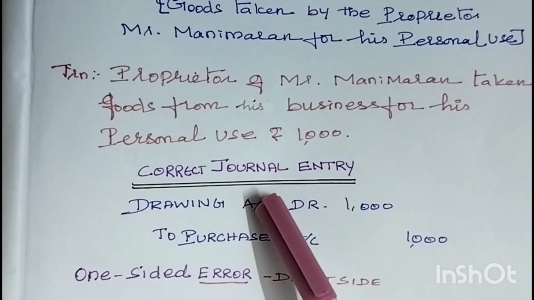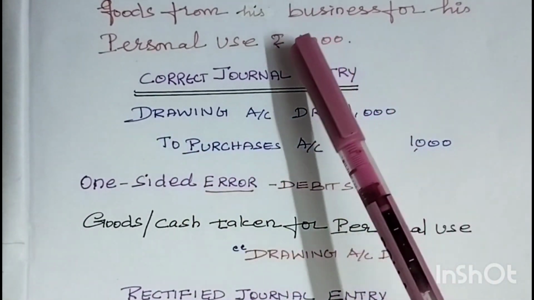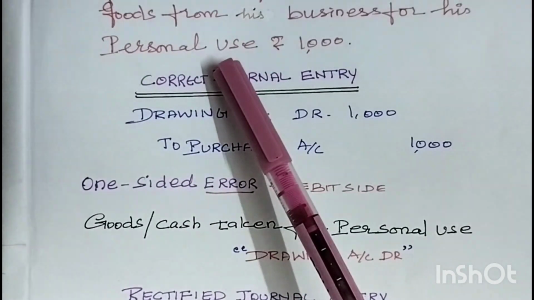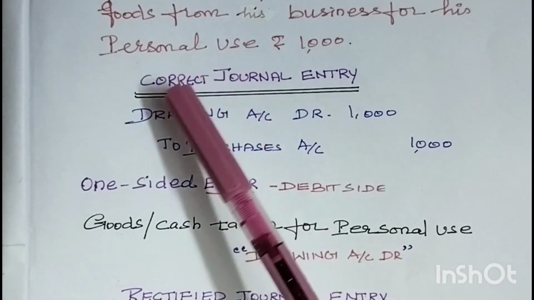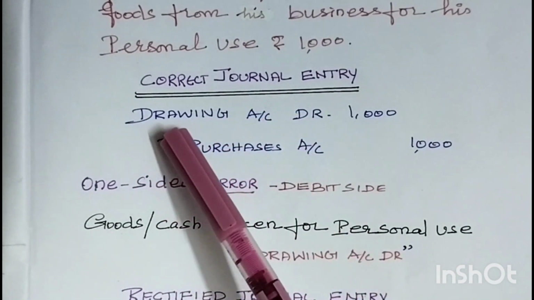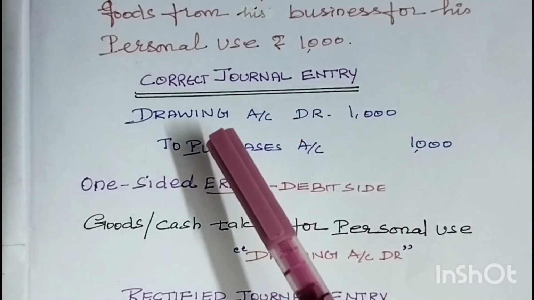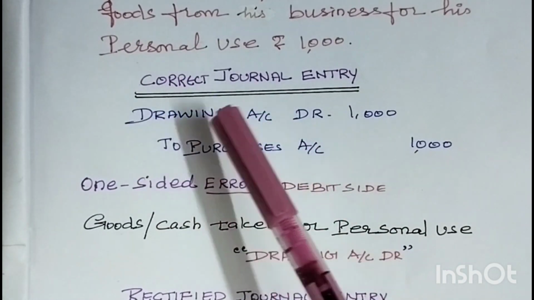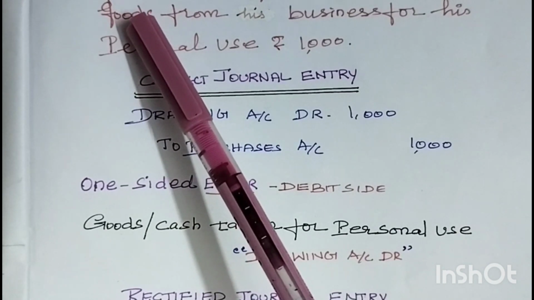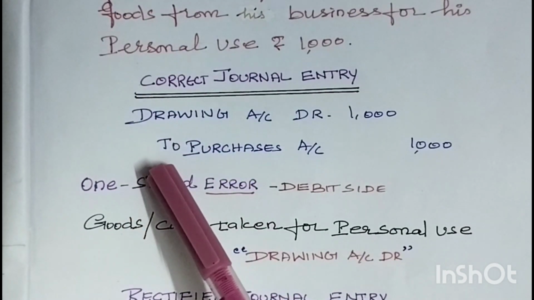Okay. For this transaction, from this narration, what is the correct journal entry? I said personal use. Whenever you see personal use in the given transaction, you have to write drawing account on the debit side. So, drawing account debtor 1,000 rupees. For goods, you have to use the term purchases account.